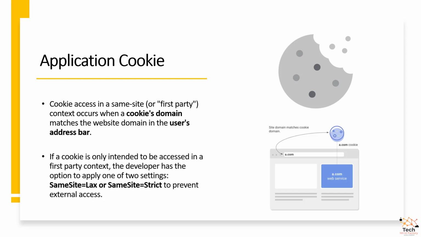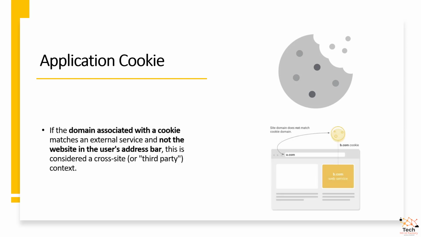If a cookie is only intended to be accessed in a first-party context, the developer has the option to apply one of two settings for the cookie, obviously, same site lax or same site strict, to prevent external access. So let's dive a little bit more into this configuration.